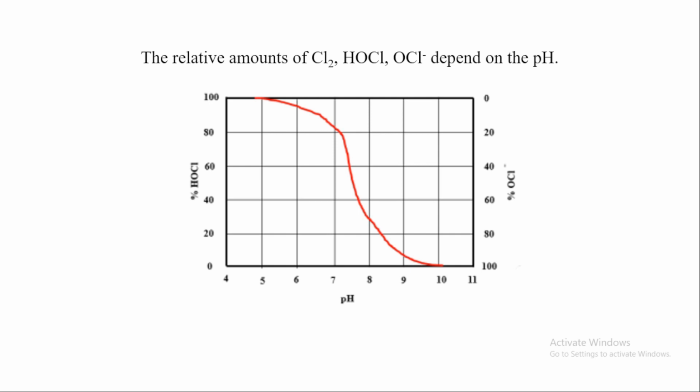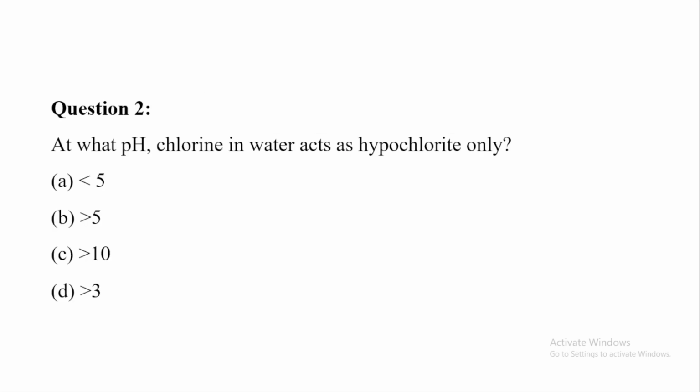Above pH 10, option C is the correct answer, because in the curve, at pH greater than 10, 100% of the OCl minus is present. I hope this is clear. At a pH greater than 10, the chlorine in water will act as hypochlorite only, because 100% of chlorine is present in the form of hypochlorite.